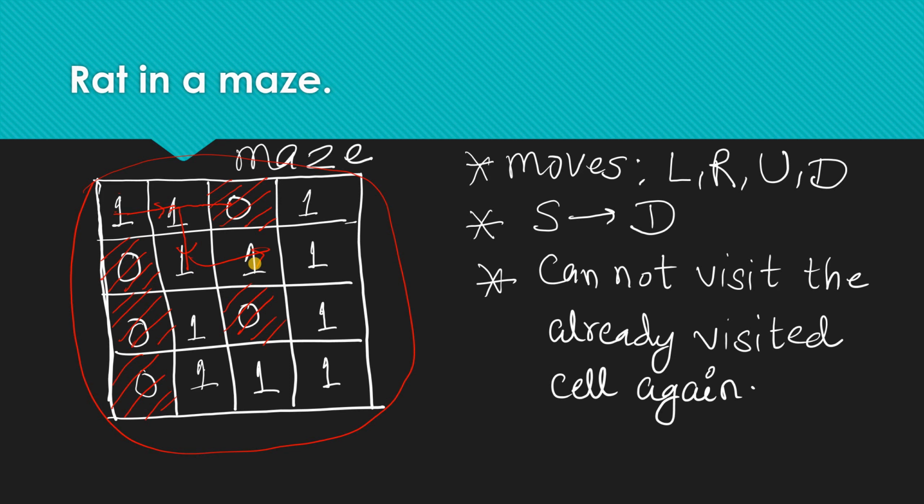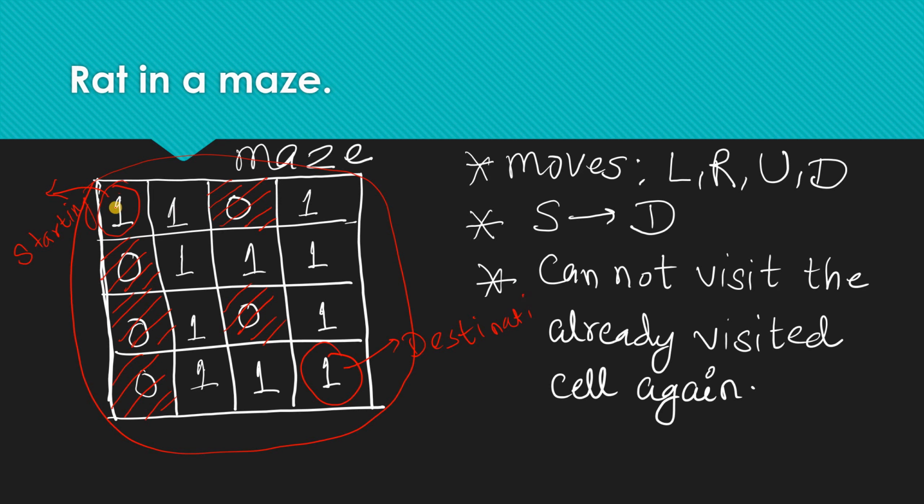So these are all your blocked cells, and all the 1s represent the cells on which we can actually move. So what this problem says: suppose this is your maze, you will be given a starting point and an ending point. Suppose this is your destination.